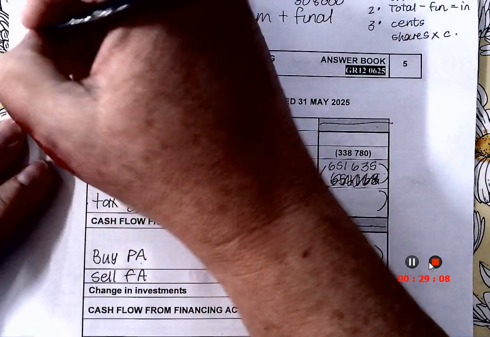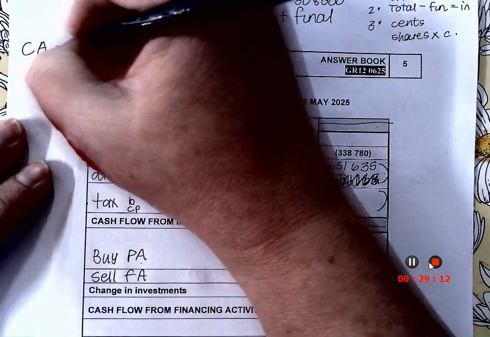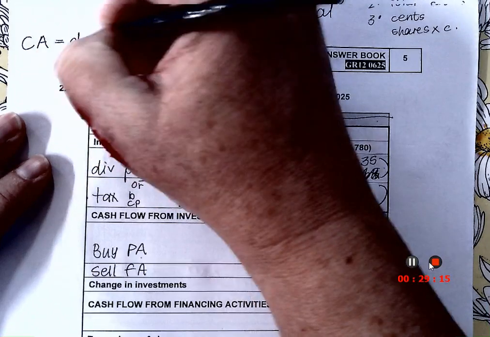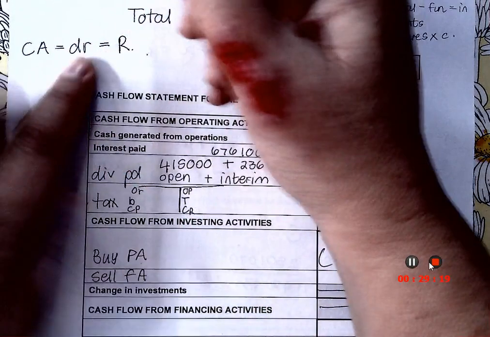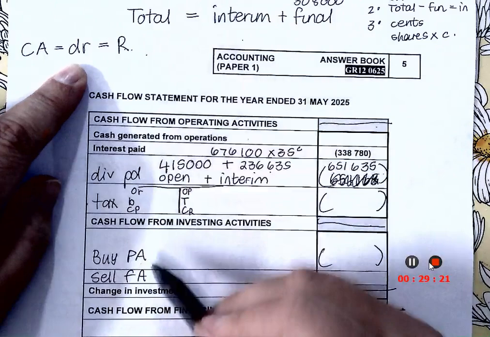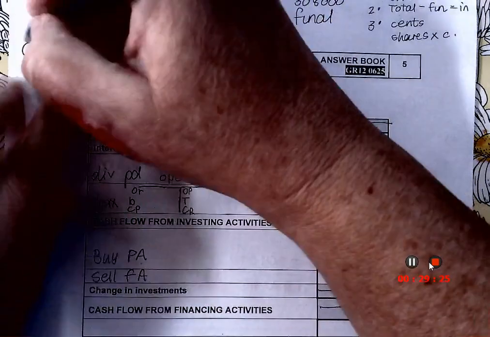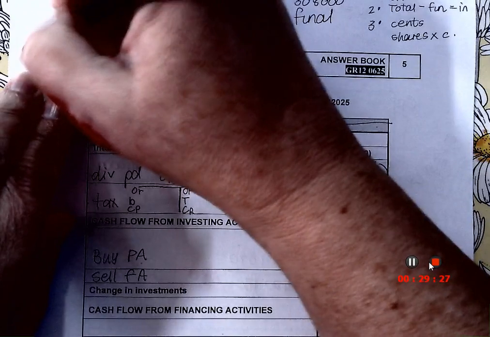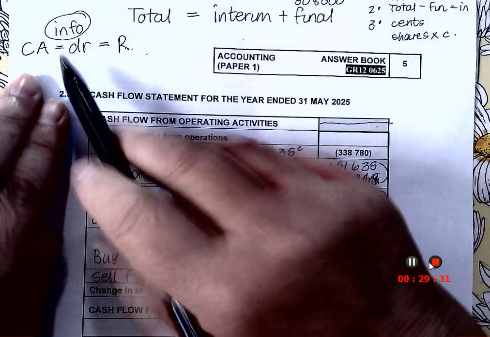Okay. Now, I want you to remember the following. Current assets equals debit equals receivables. Now, I'm not talking about sides, because can you see here receivables is on the credit side. So that debit just means this is how they give the info. If they give it to you as a current asset, it's a receivable.